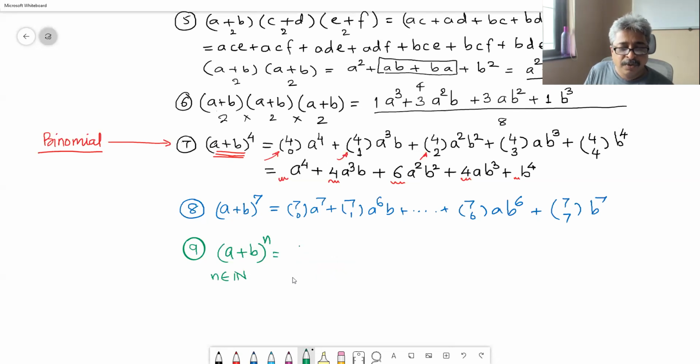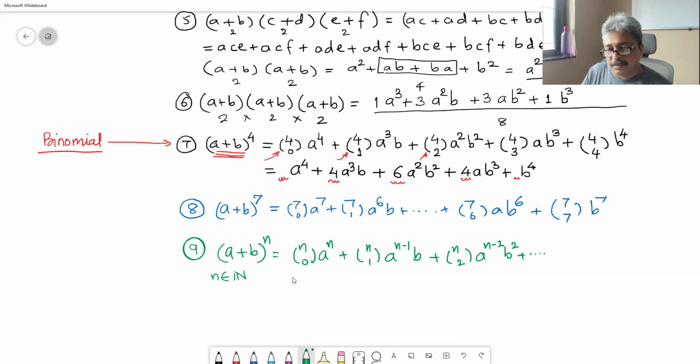It is equal to n choose 0 a raised to n plus n choose 1 a raised to n minus 1 b plus n choose 2 a raised to n minus 2 b square plus dot dot dot plus n choose n minus 1 a b raised to n minus 1 plus n choose n b raised to n.